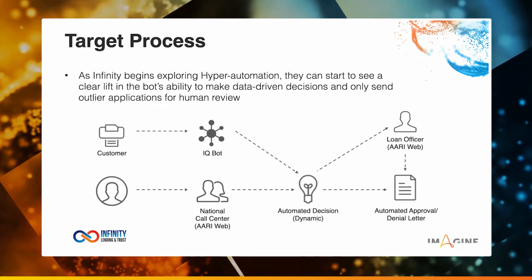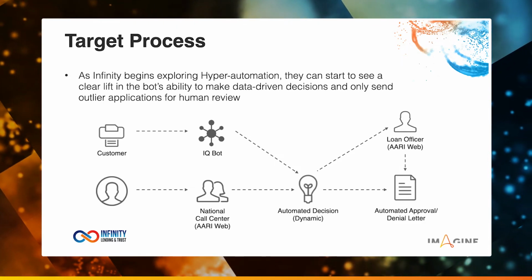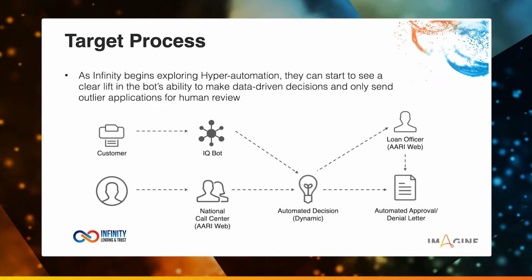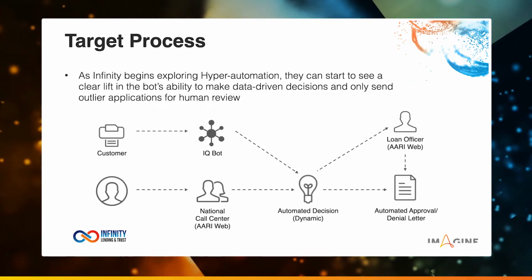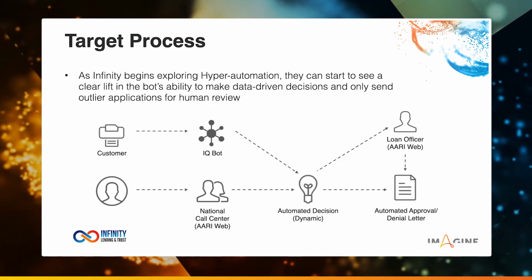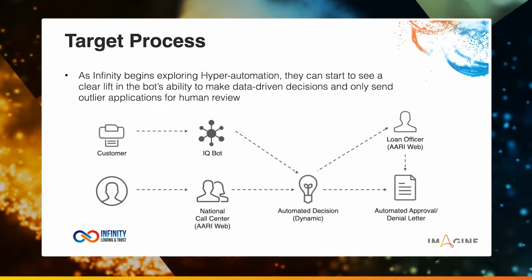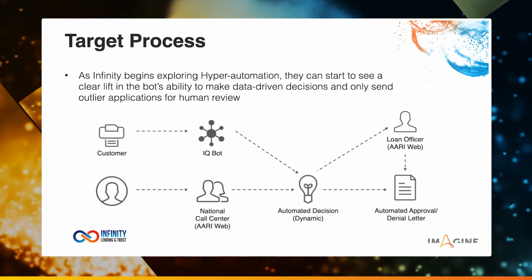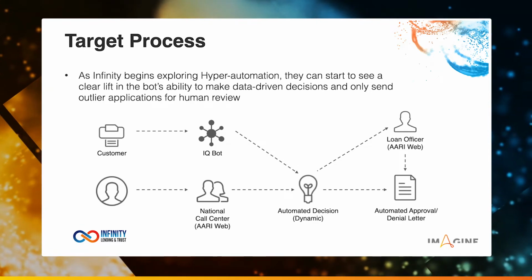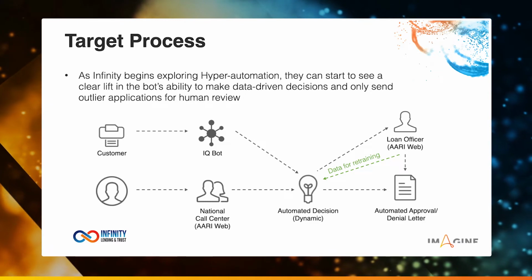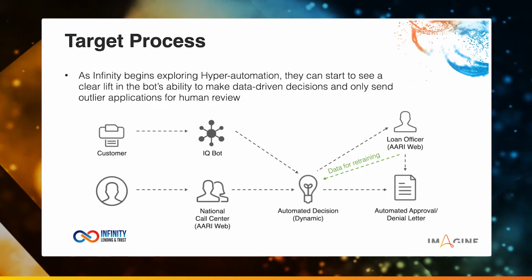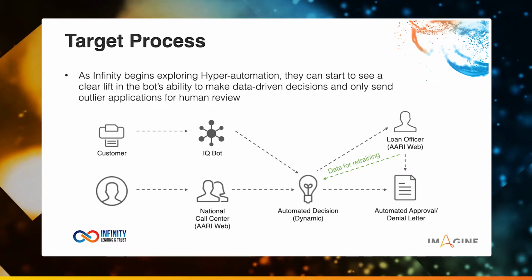And based on that user's decision, we would then send that automated approval or denial letter through another bot. And that could happen, like we have from the arrows here, either as an automated decision, or as a result of the loan officer's decision. Now, the one part that's unique about this process that we didn't really have before is that we're using the data from that loan officer's decision to facilitate retraining of our model.